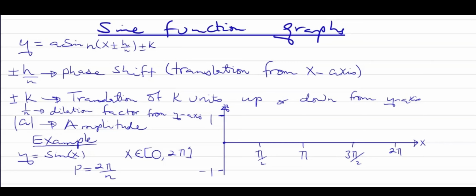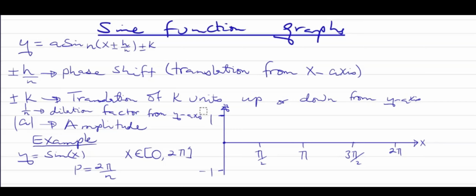Plus or minus k is a translation, k units up or down from the x-axis. And n is a dilation factor, so we put it as a reciprocal, 1 over whatever the n value is, dilation factor from the y-axis, and a is the amplitude.